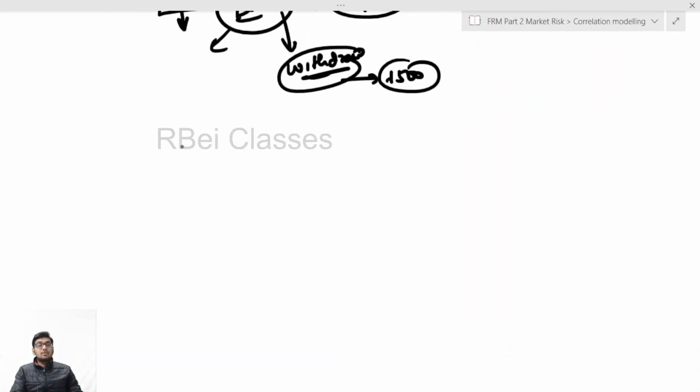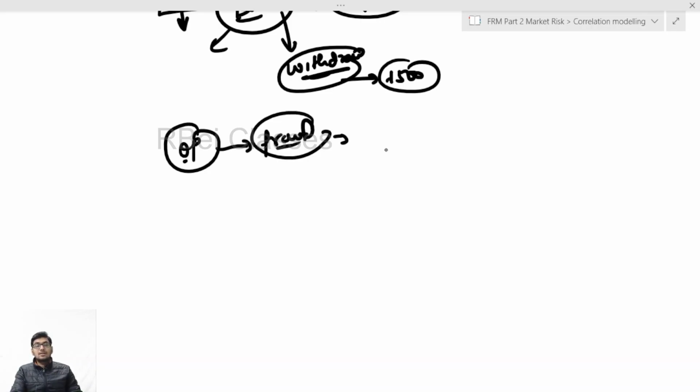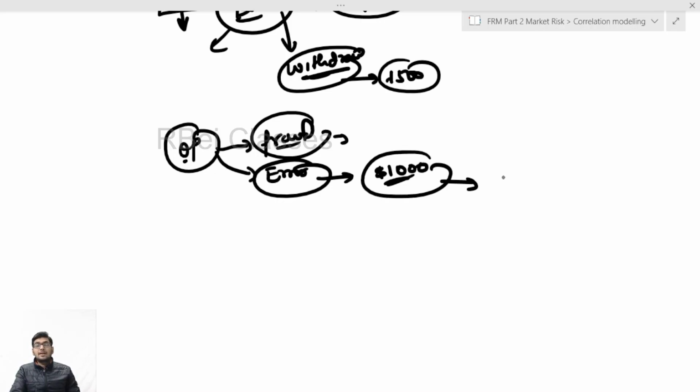Then we have another branch of risk, that is operational risk. It means any type of fraud in the bank. Clear? Human fraud. Clear? Anyone who stole money, or any type of error, is also part of operational risk. It means someone came to deposit $1,000, but the employee of that bank by mistake entered $10,000.